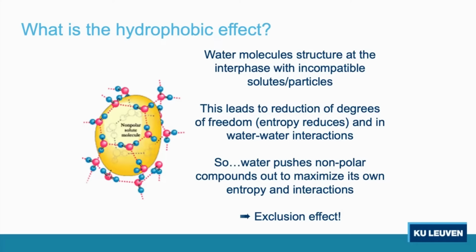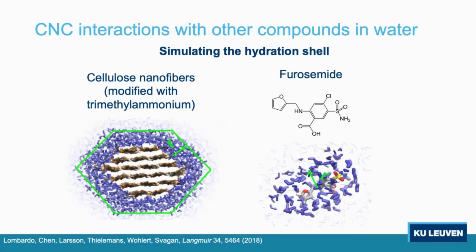So can we see this on the cellulose? Yes. If we do simulation, so we look at cross sections, and this is for nanofibers, we can fill our volume with water molecules. We can let it equilibrate and see how the water molecules structure around our cross section.